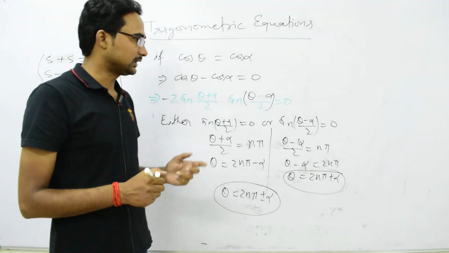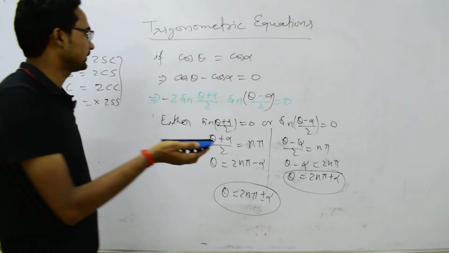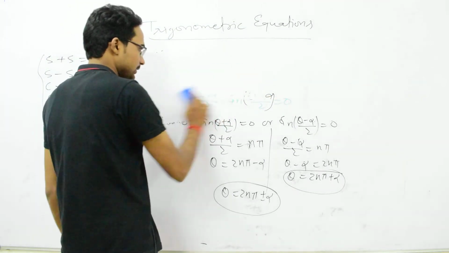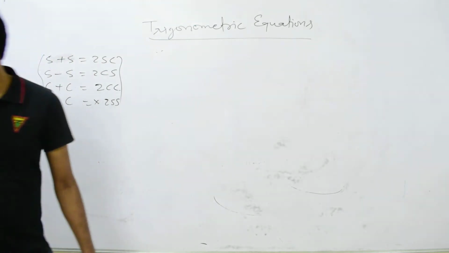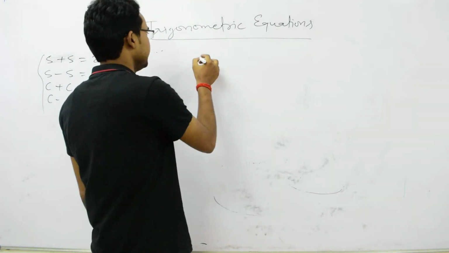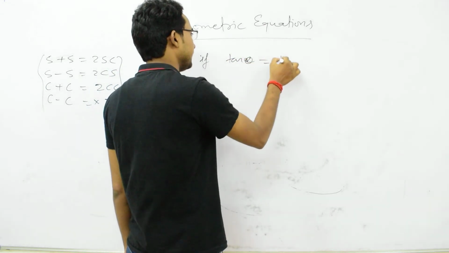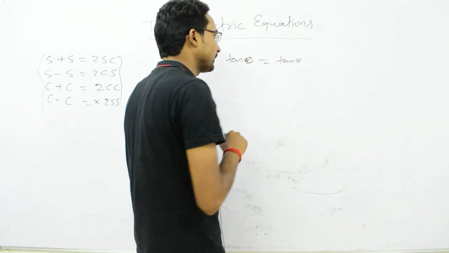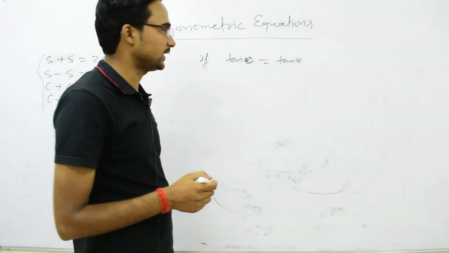Okay. And third case, tan theta equal to tan alpha. If tan theta is equal to tan alpha, how can you find the general solution in that case? Very easy. If that type of trigonometric equation is given, how can you find the general solution of theta?